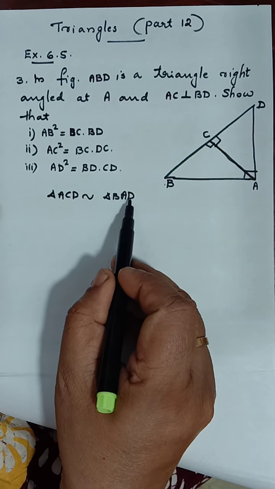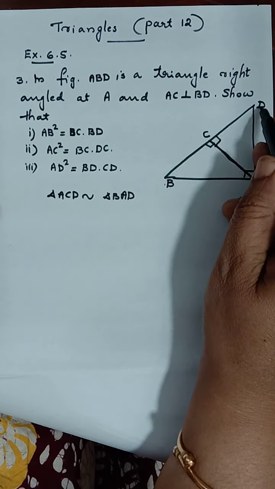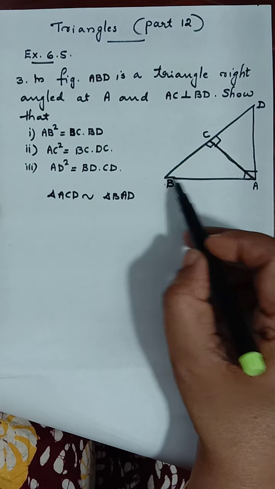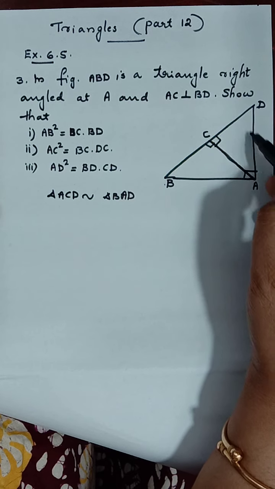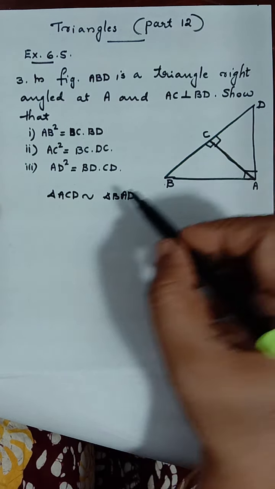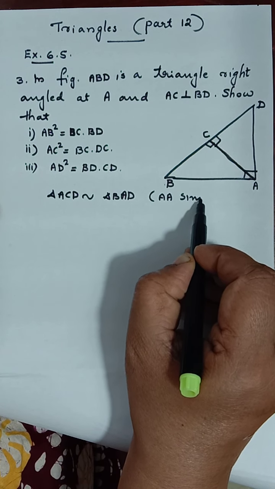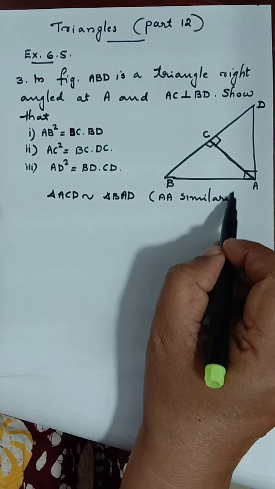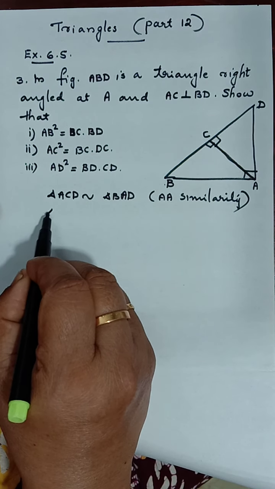So D is a common angle, and angle ACD is 90 degrees, angle BAD is 90 degrees. We are comparing this small triangle with the big triangle BAD. Both are similar. It is by AA similarity criterion.